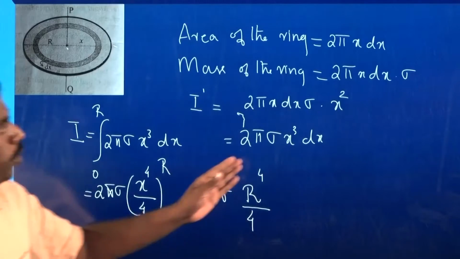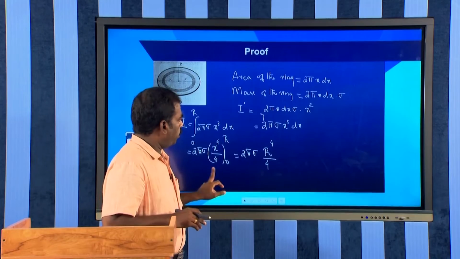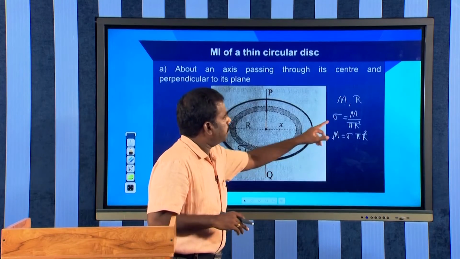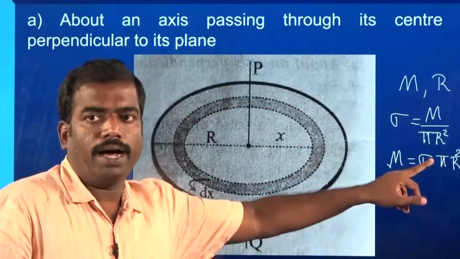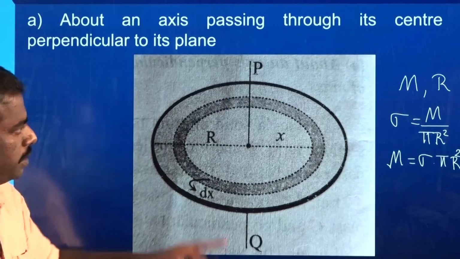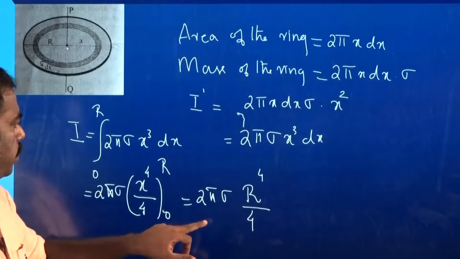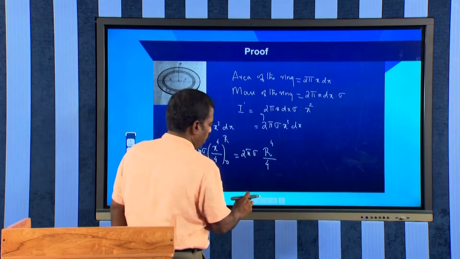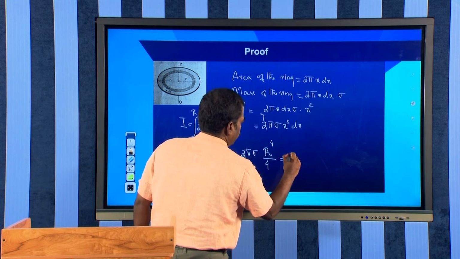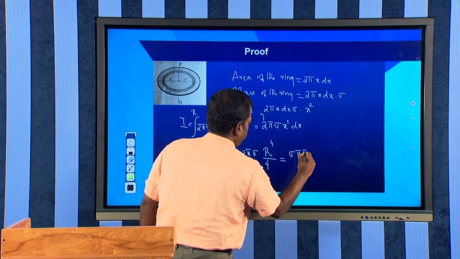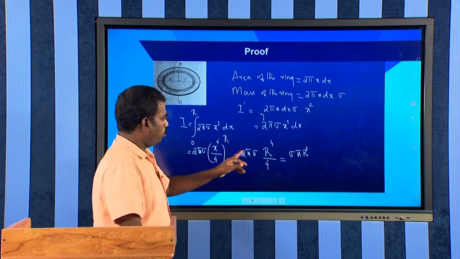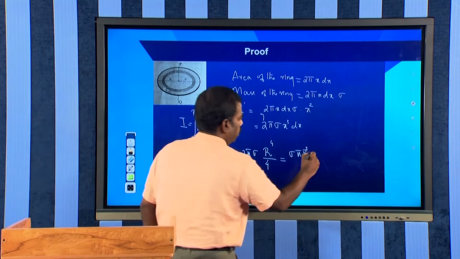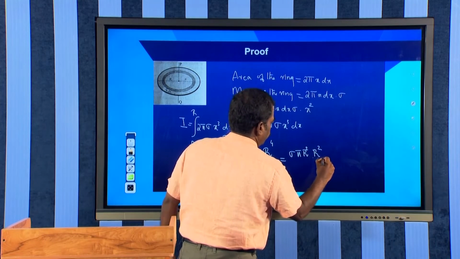Here also we know the mass of the disk is given by sigma pi r square. So we need to group these terms: sigma pi r square. What remains? 2 and 4 cancel out, so it is r square by 2.